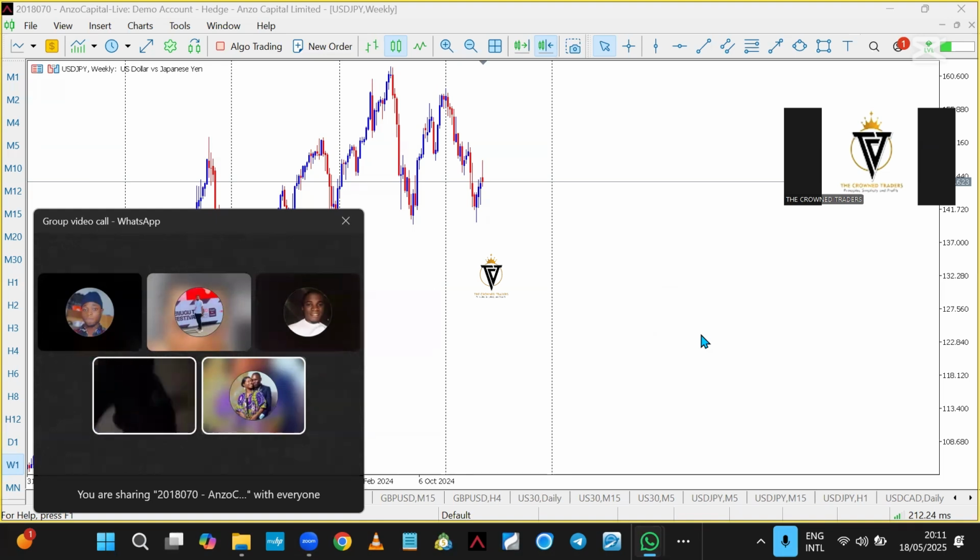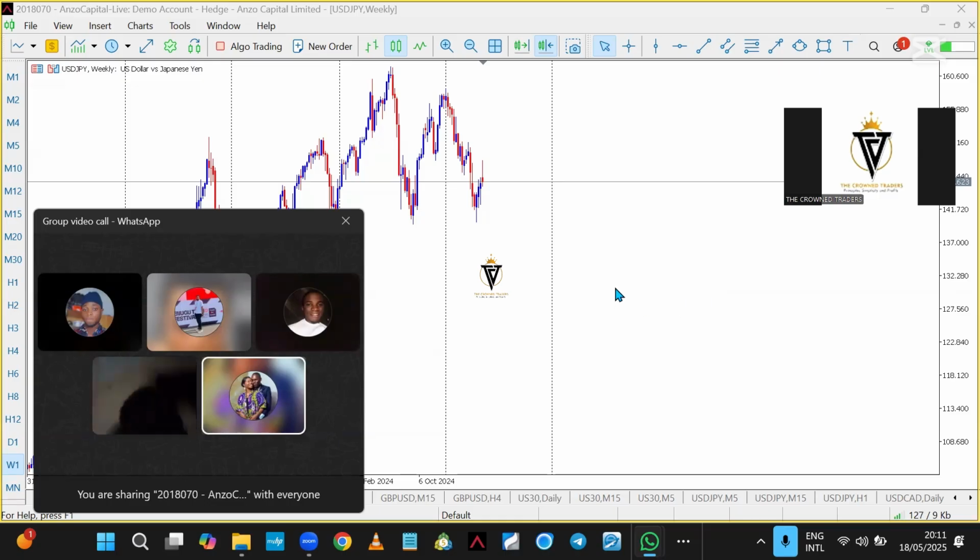You don't have noise, you don't have fake outs, and you easily determine levels or zones using a line chart. You can filter out noise on a chart using a line chart. You can also use a line chart to know the directional bias of a particular asset class.